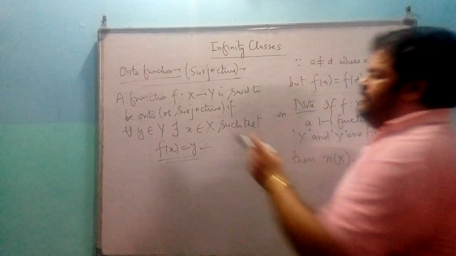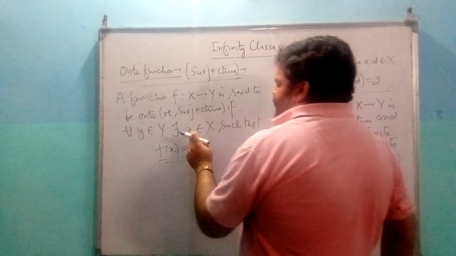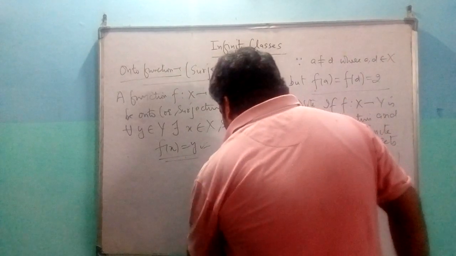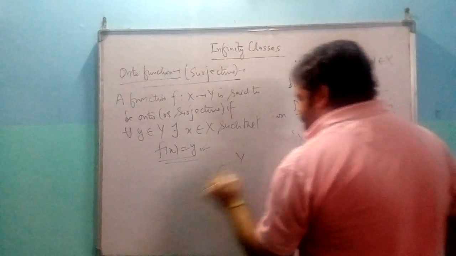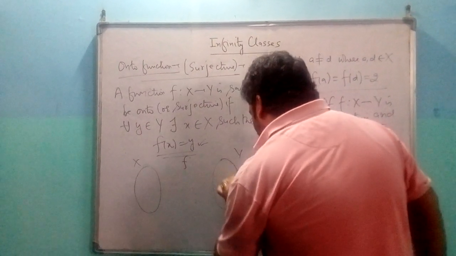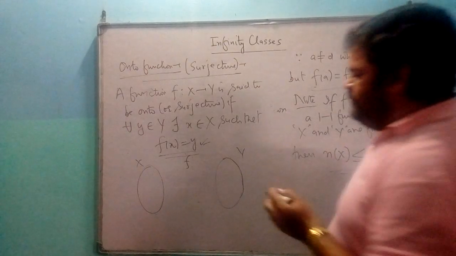That means for every y belongs to y there exists x belongs to x such that f of x is equal to y, means each element of y has a pre-image in x.